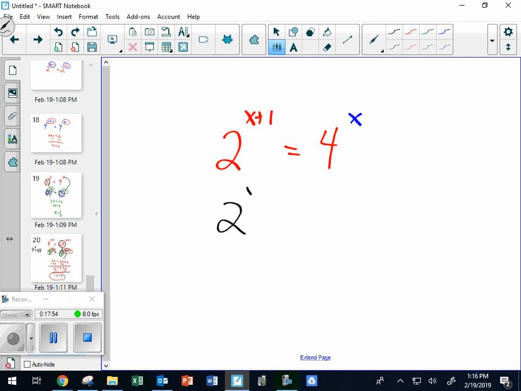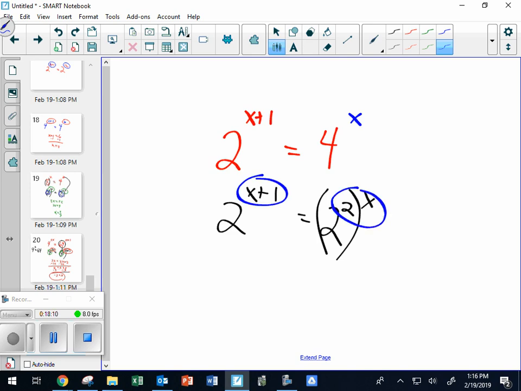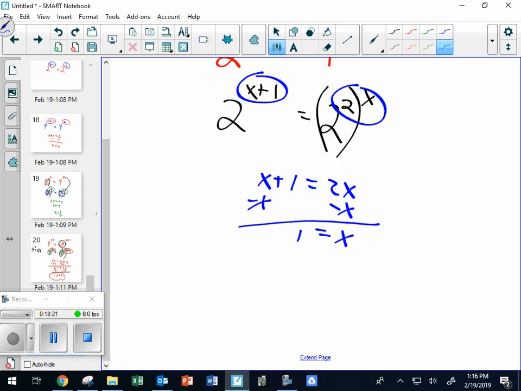We're going to leave this side alone, but instead of the 4, we're going to replace it with 2 squared, and then what? I like it. Yes, perfect. Now they have the same bases. Technically, we don't cancel the bases, but we set these equal, and then what did you get next? Raise your hand if you had x equals 1.